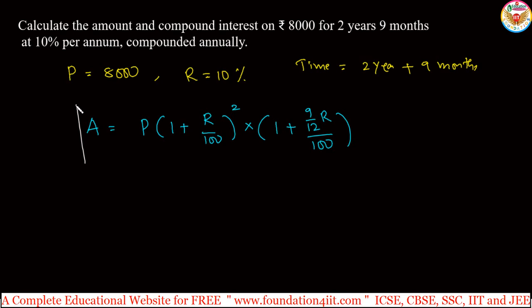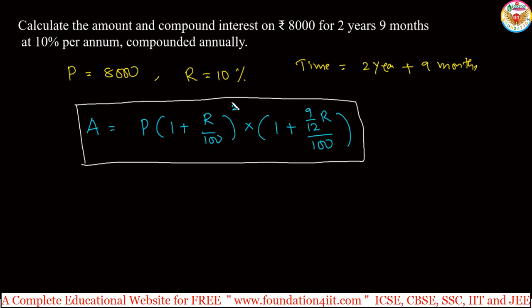According to the years and months we have to take the formula like this. Notice that here we get the number of years and here the number of months. If it were 2 years 6 months, it would be 6 by 12 R.